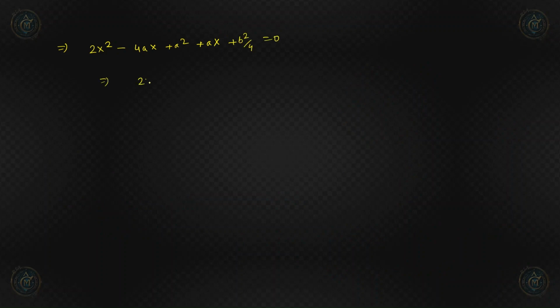That means 2X squared minus 3aX plus a squared plus b squared by 4 is equal to 0.